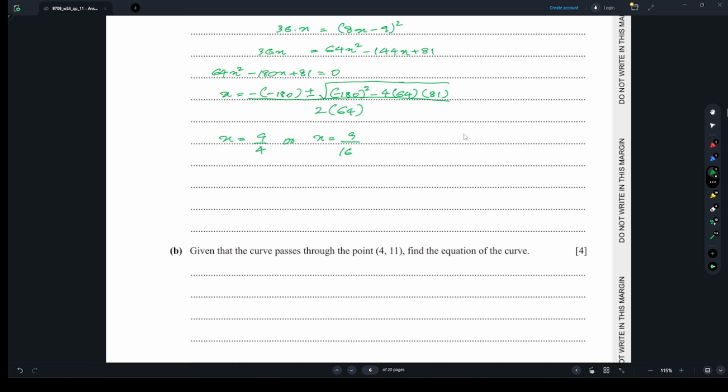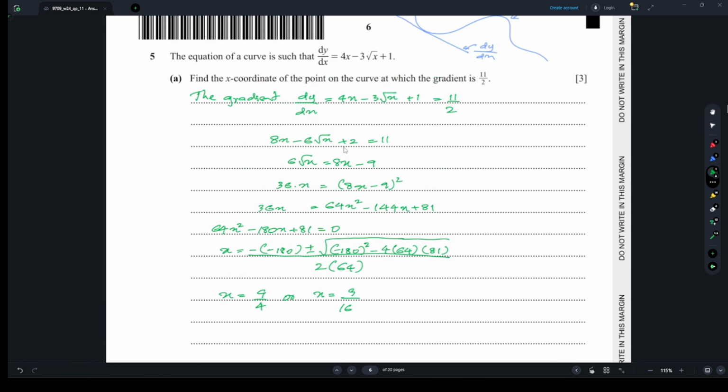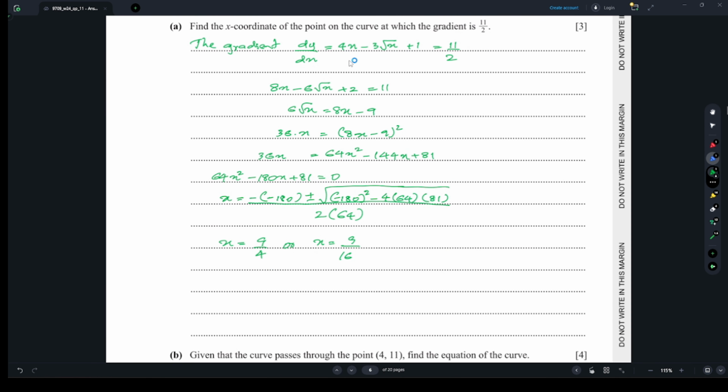Right, so now we have a problem because we don't know which answer we should use. For that, what you have to do is just substitute into the main equation. So we can just try here.